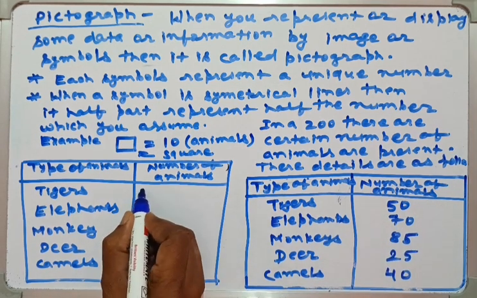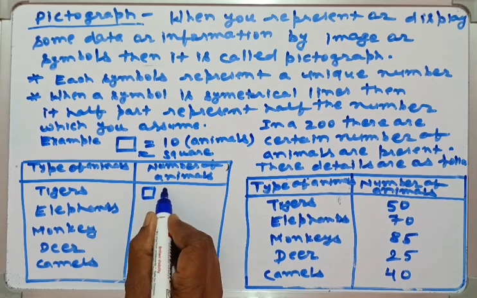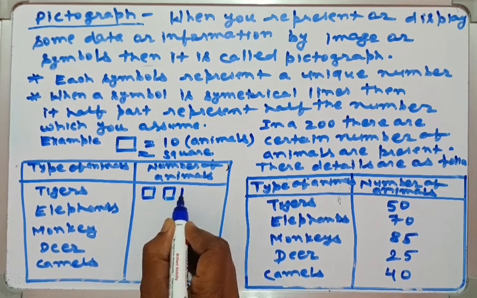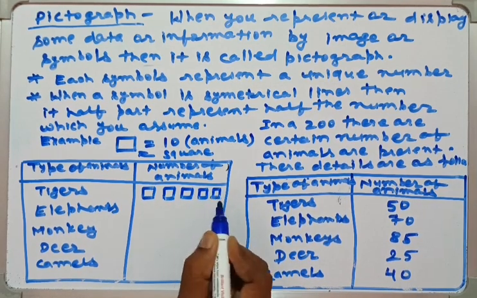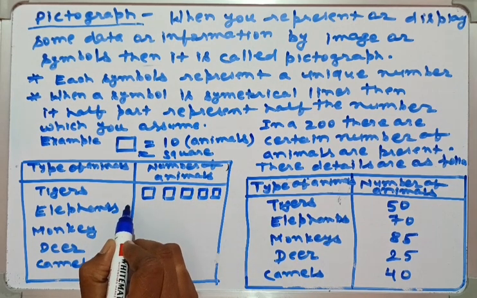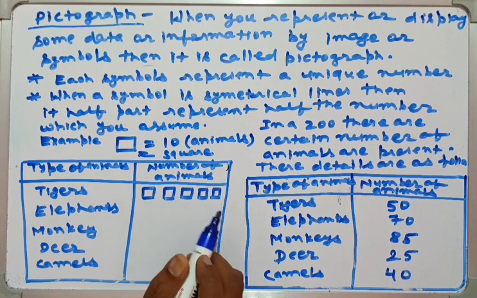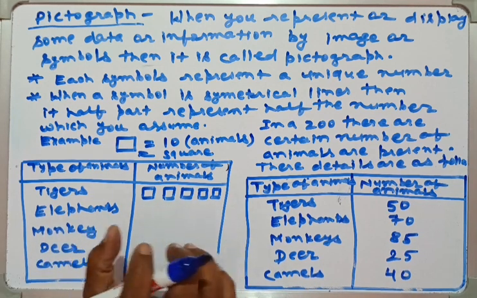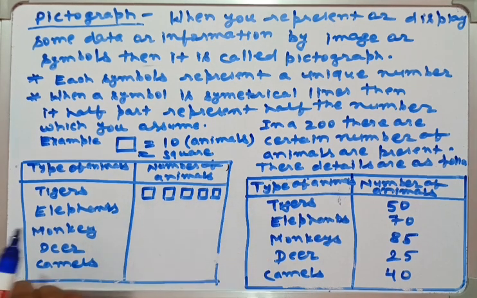So I use here 5 squares to represent the tiger. Each symbol's value is 10, and when you add 10 plus 10 plus 10 in this way 5 times, this becomes 50.